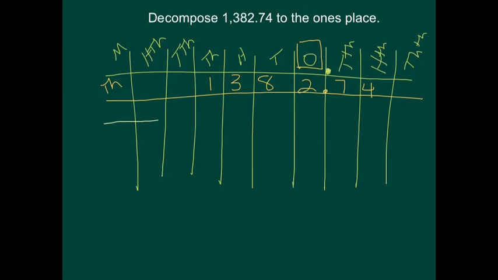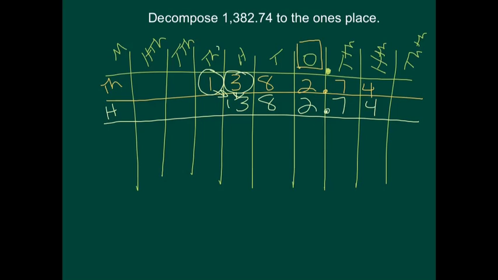So, our next place value we're going to decompose to will be our hundreds place. And for that, we're going to take our 1, move it over, and drop down our 3. So rather than having 1,000 and 3 hundreds, we have 13 hundreds. Everything else gets dropped down.